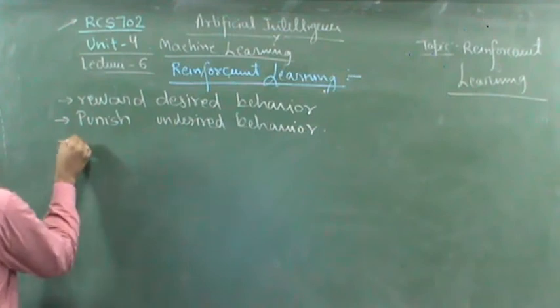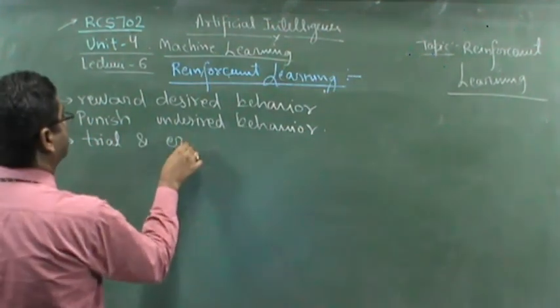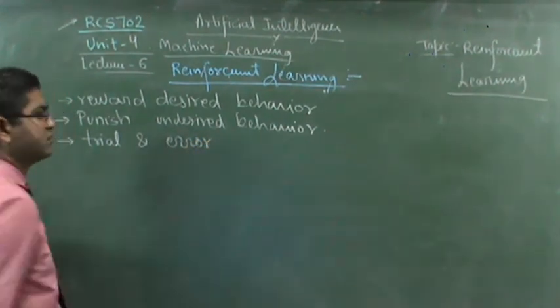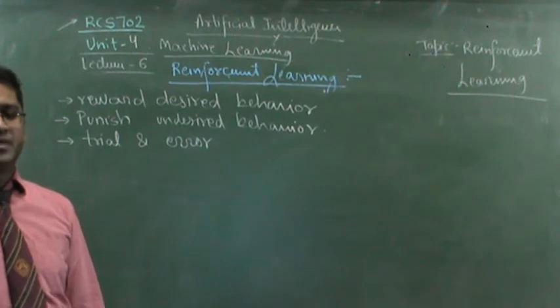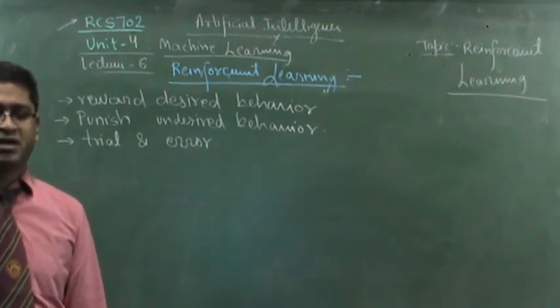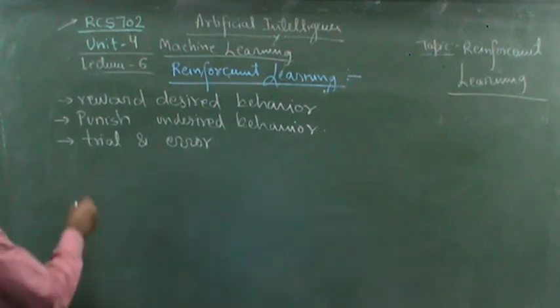So here we have particular examples of how trial and error is going to perform. In reinforcement learning, developers devise a method of rewarding desired behavior and punishing negative behaviors.